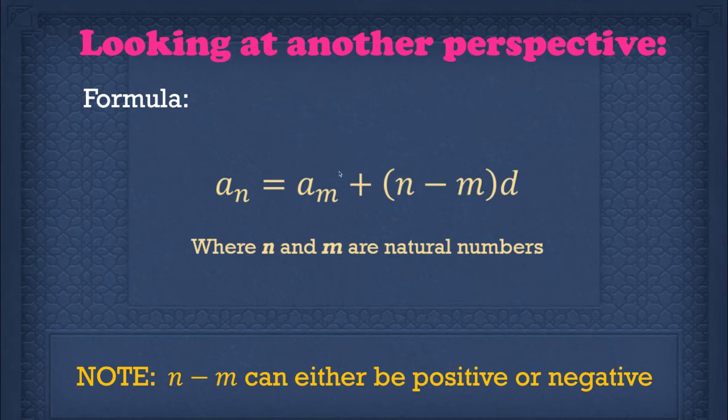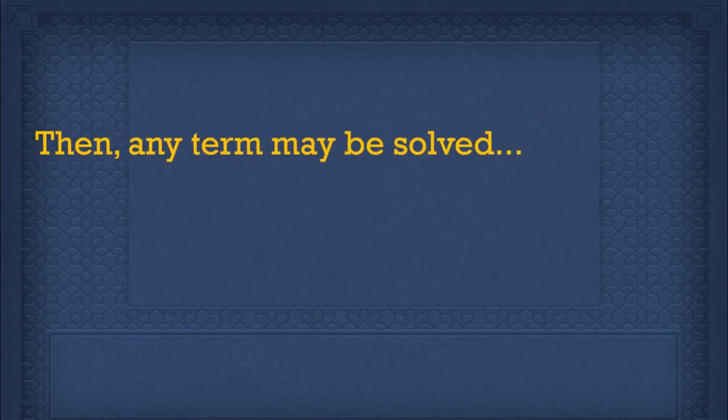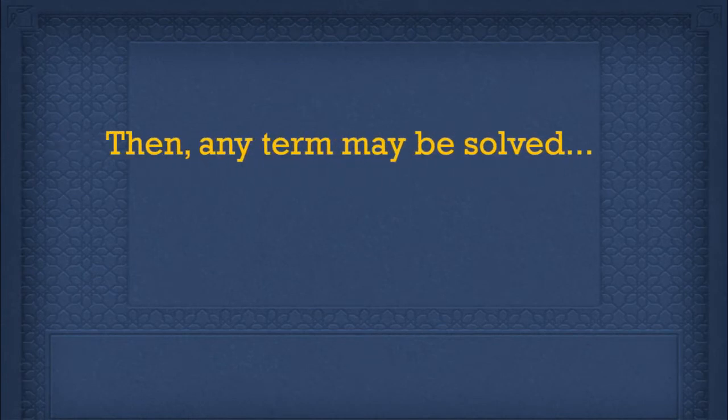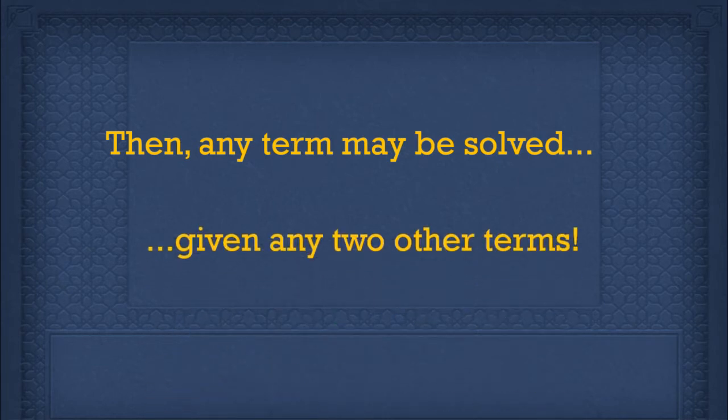So we can use this formula if a sub 1 is not given. Then if we use that formula, then any term may be solved given any two other terms.